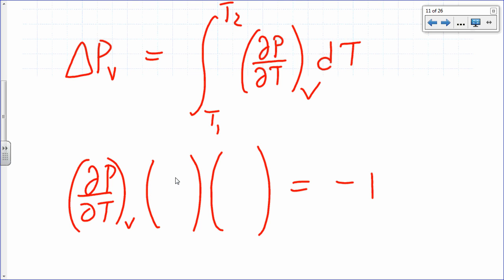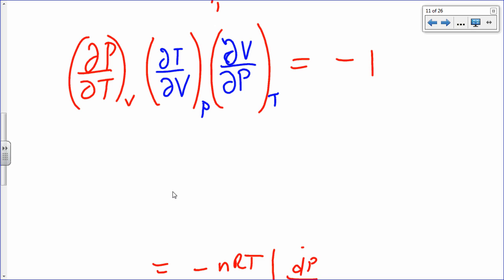What's the next term here? Partial of T with respect to volume holding pressure constant, and what's the next derivative here? Partial of V with respect to pressure holding what constant? Temperature constant. Okay, and you can see that these are things that we can easily determine from alpha and kappa. This one you can determine from alpha. What is that?